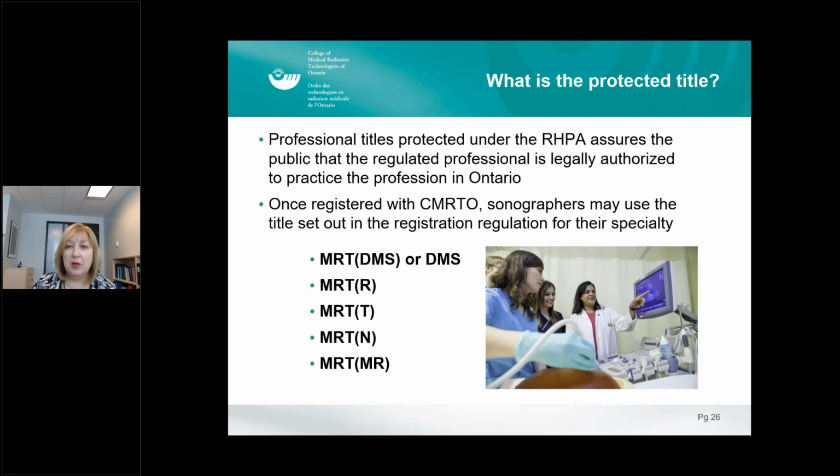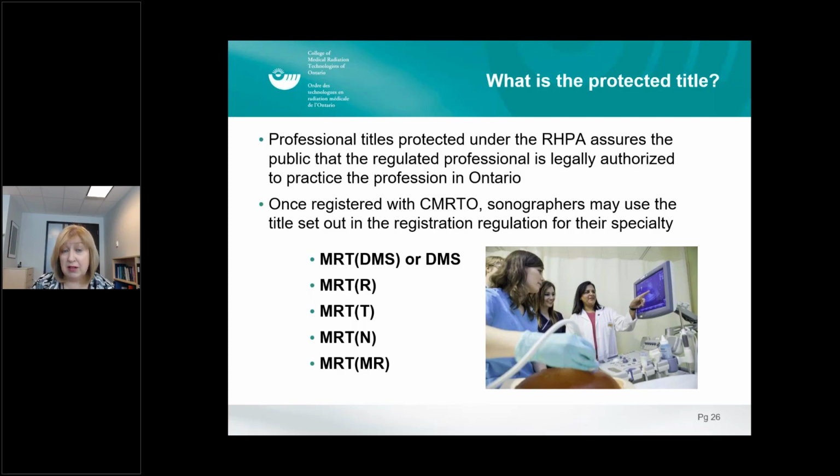What's the protected title? Well, first of all, a protected title under the Regulated Health Professions Act assures the public that the individual is legally authorized to practice the profession in Ontario. Once registered with CMRTO, sonographers will be able to use the title set out in the registration regulation.